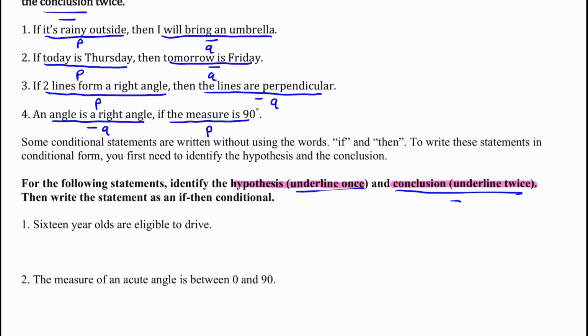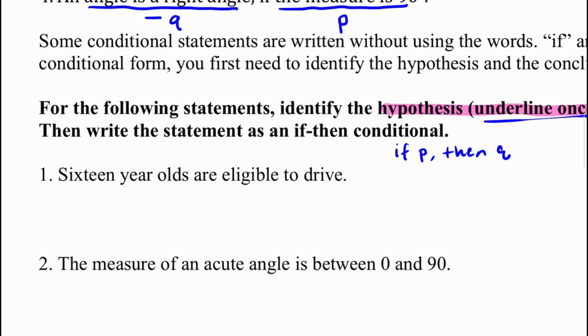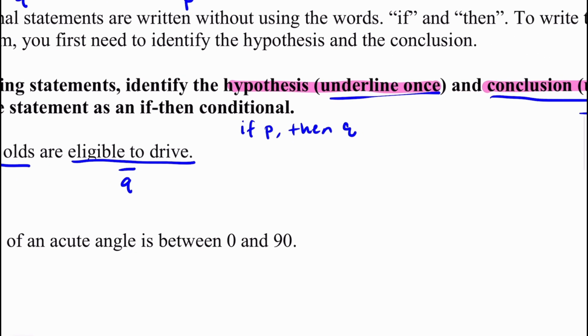So remember, it's going to be in the form if P, then Q. Number one, 16-year-olds are eligible to drive. So 16-year-old will be our hypothesis, P, and eligible to drive will be our Q. I can rewrite this as, if you are 16 years old, then you are eligible to drive.